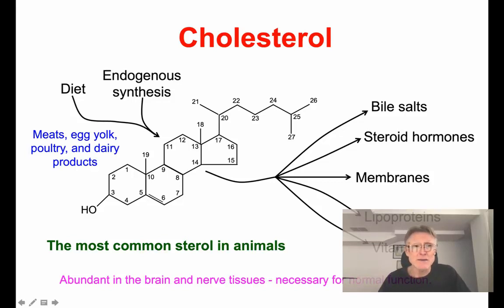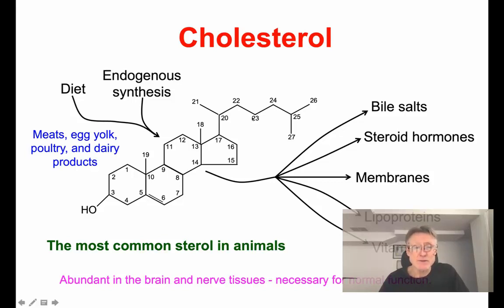So your body is prepared to make it in high amounts in case you don't eat it. Now, if you eat it, your body makes less. But if you don't eat it, it will make more. This is what we call endogenous synthesis, and we are going to discuss in a moment what this pathway of endogenous cholesterol synthesis is about.